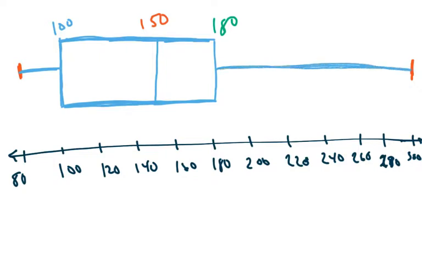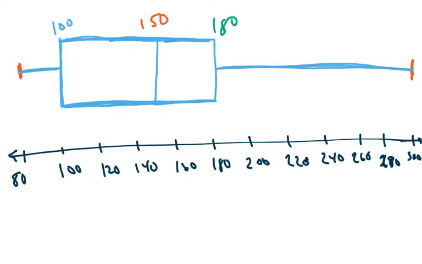So this kind of plot gives us a nice spread of what our data looks like. The middle part of our data lies between 100 and 180. We then can find where outliers might be based on this information.